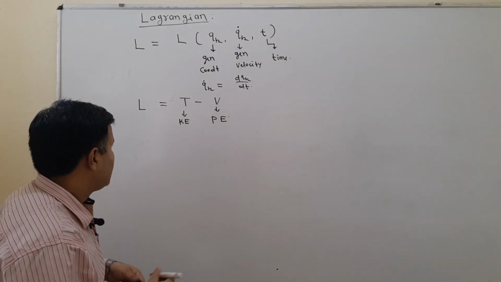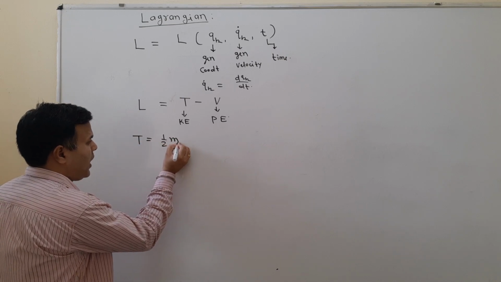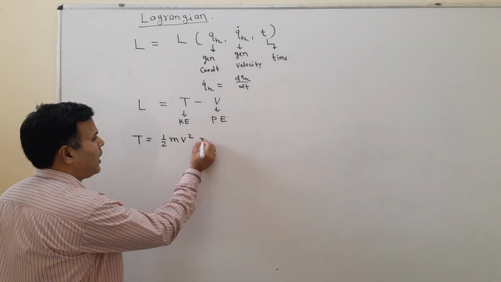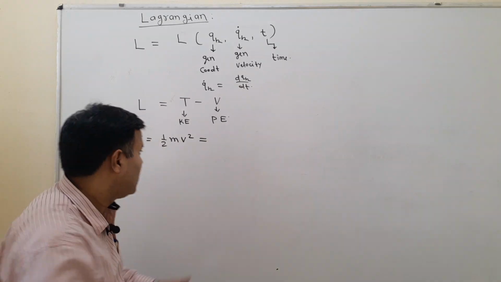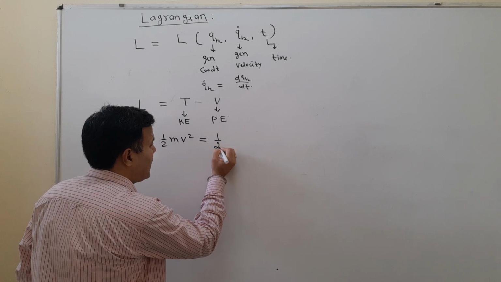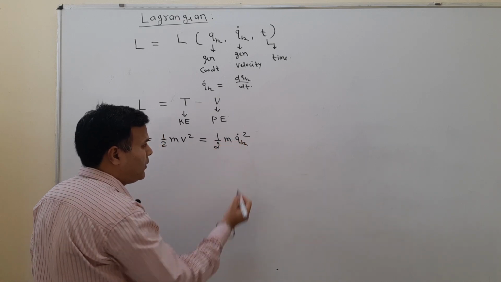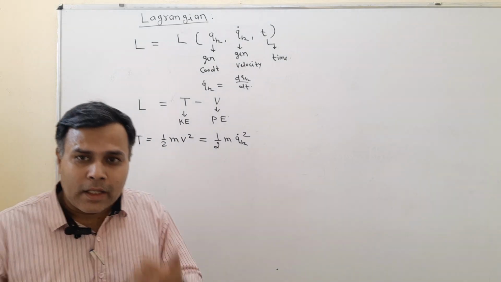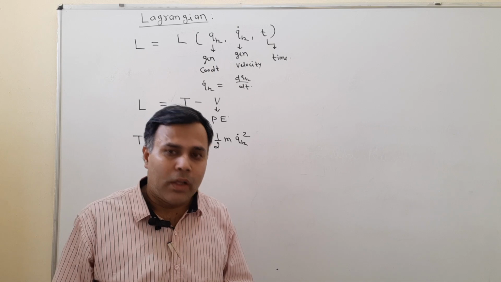We know that kinetic energy is half mv square, or we can express it in terms of generalized velocity as half m qk dot square, because qk has the dimension of position, so qk dot is velocity.